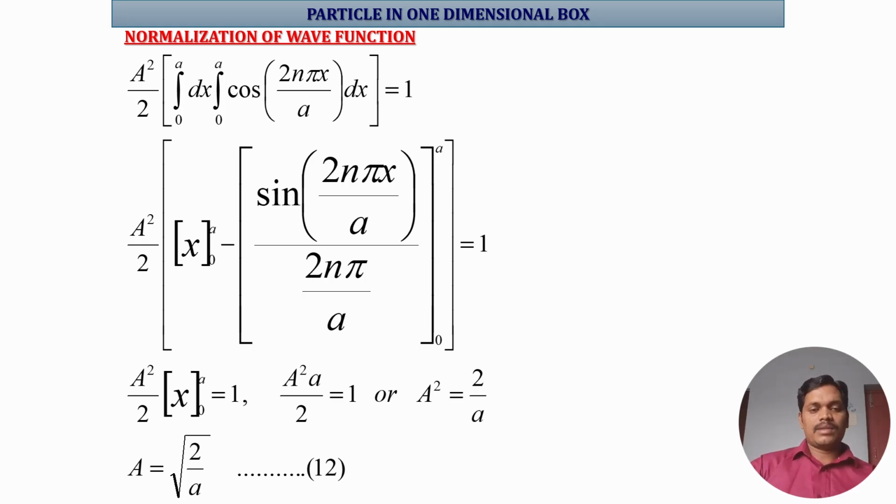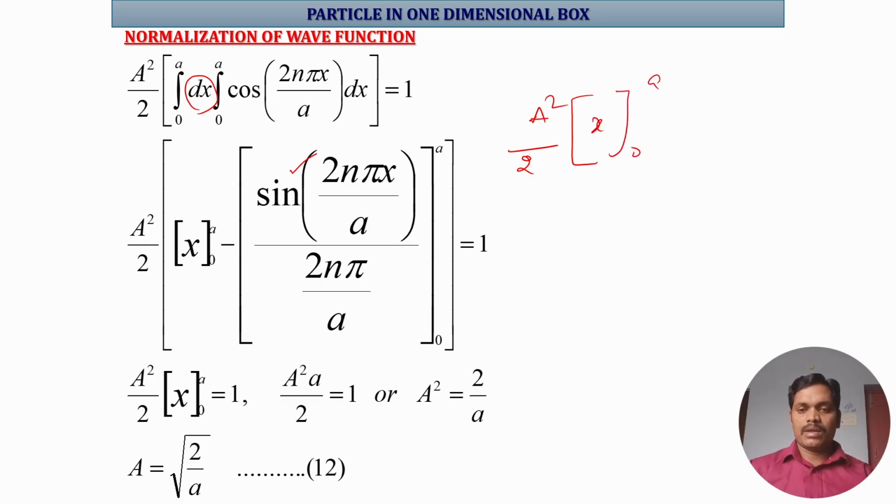If you are integrating this, you get sin(2nπx/a) by (2nπ/a). As we know, sin nπ takes value 0, so this could be 0. So we have A², and we can take 2 also out in the previous step itself. And if you integrate dx, you will get x, with the limit 0 to a, equal to 1.